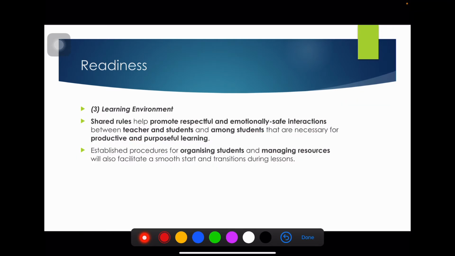Okay, the third one is learning environment. Now, shared roles will help promote respectful and emotionally safe interactions between teacher and students and among students that are necessary for productive and purposeful learning. The learning environment is actually your classroom.